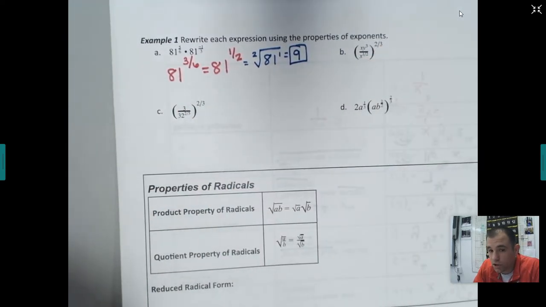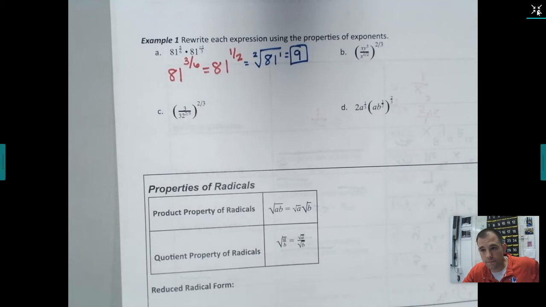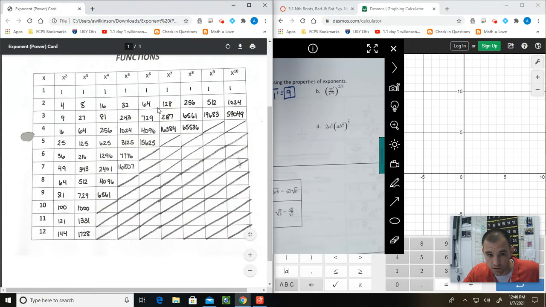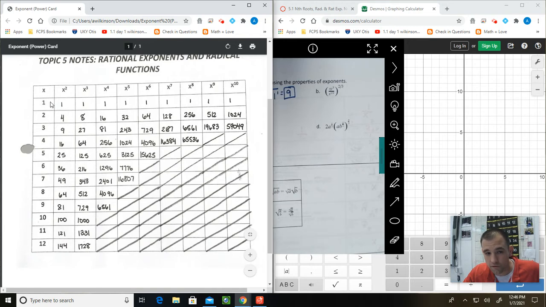Okay? There's an alternative way that we can do this. If you look on our modules page for today, you will see something that says exponent power or power. Okay? And it's a PDF file. And it looks like this right here. All right? And I've written down a bunch of the powers that might help you.